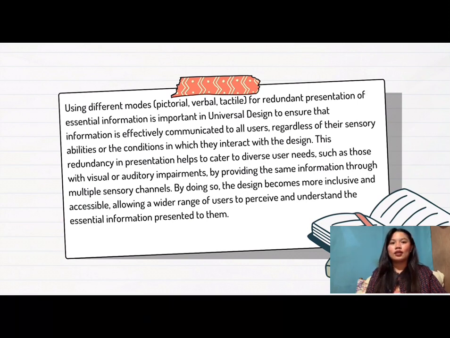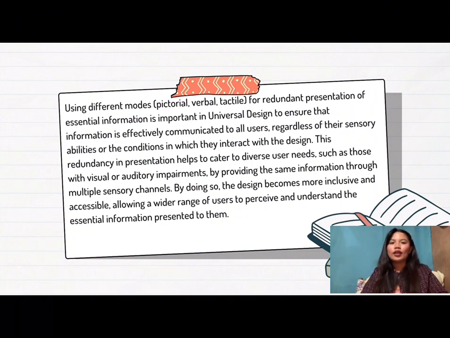This redundancy in presentation helps to cater to diverse user needs, such as those with visual or auditory impairments, by providing the same information through multiple sensory channels. By doing so, the design becomes more inclusive and accessible, allowing a wider range of users to perceive and understand the essential information presented to them.